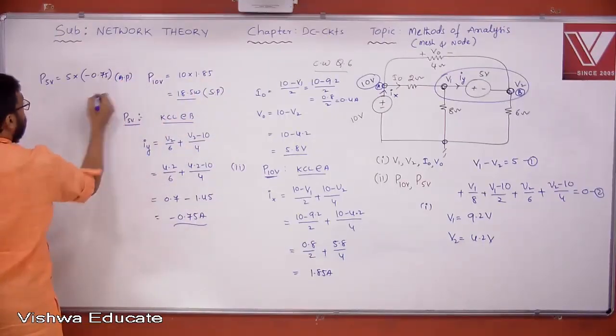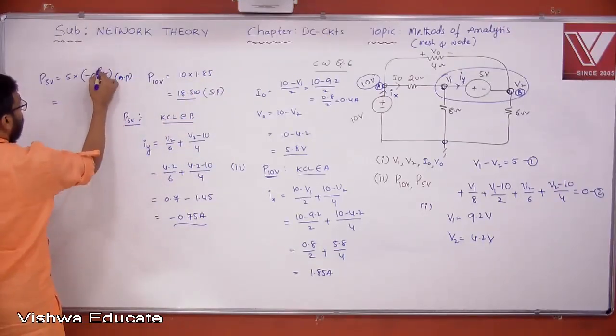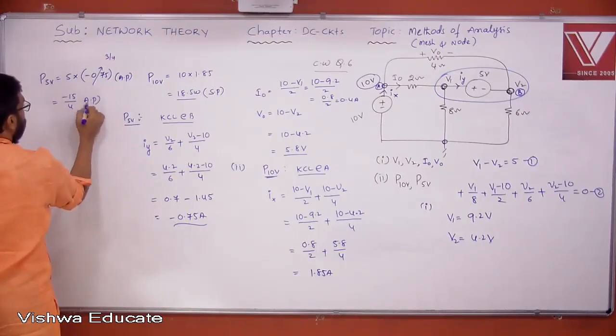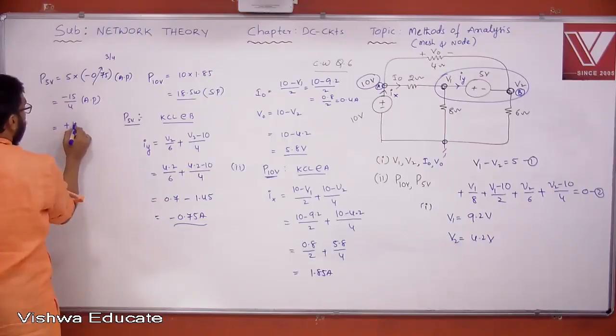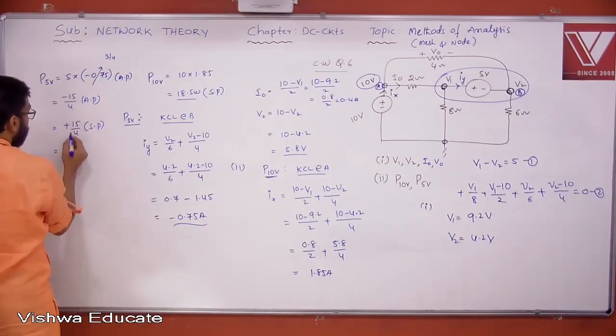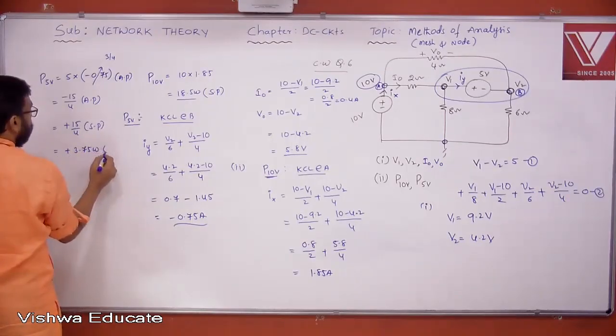So this you can write 3 by 4, right? So minus 15 by 4 absorbed power is nothing but plus 15 by 4 is supplied power. What is this? 3.75 watt.